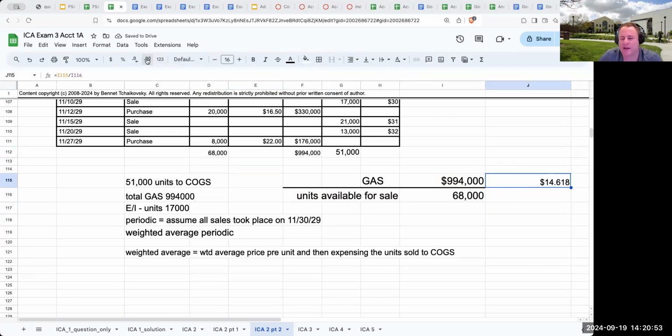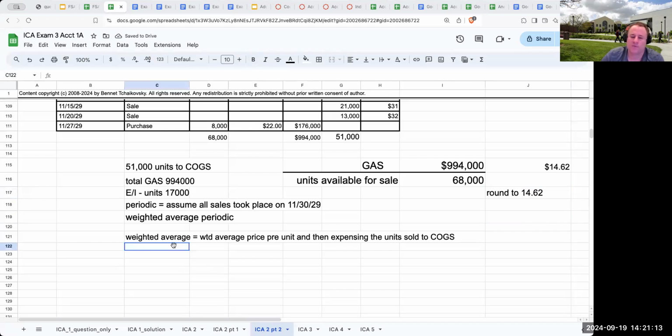And we'll see why I did it this way. But here, we're going to just assume we round to two decimal places, at least that's what you'll do in my class, to 14.62. When I round this to 14.62, this is my weighted average.